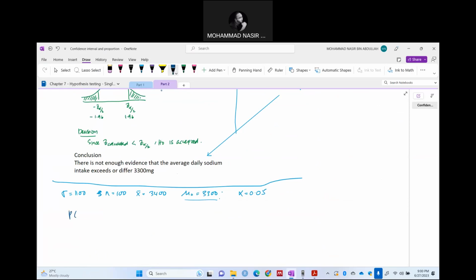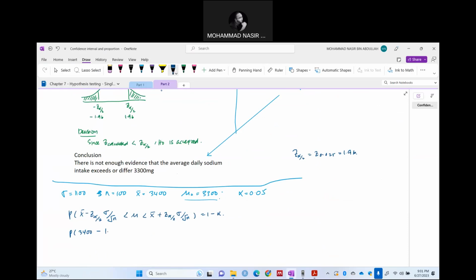So probability of x bar minus z alpha divided by 2 times sigma over square root of n, less than mu, less than x bar plus z alpha divided by 2 times sigma over square root of n, equals 1 minus alpha. So this one should be probability of 3400 minus z alpha divided by 2, z 0.025 equal to 1.96.